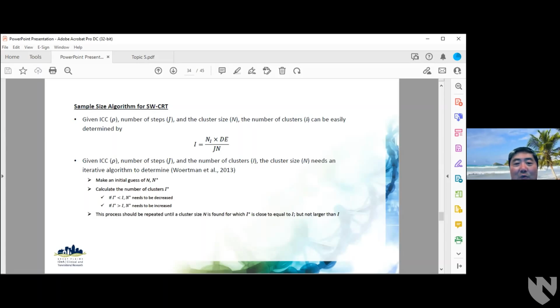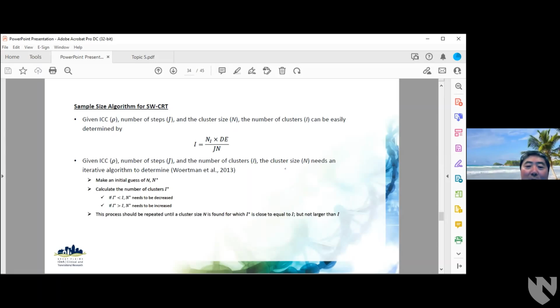So you just want to know the number of clusters needed. So this is the formula. Sometimes you only have this many units or hospitals involved, so the number of clusters is fixed, and the number of steps is determined by the total study time.